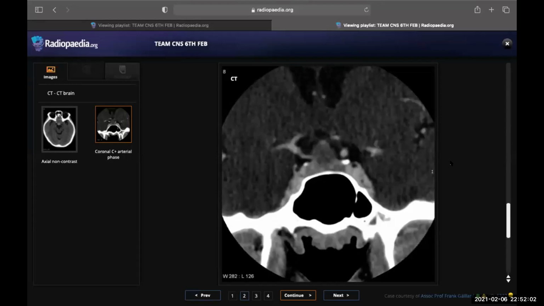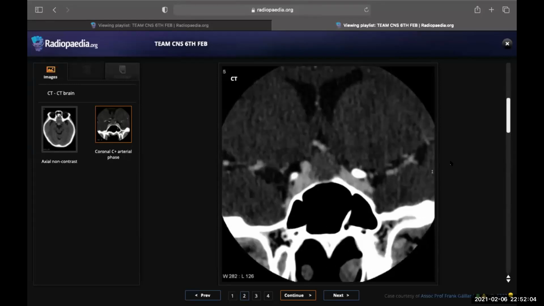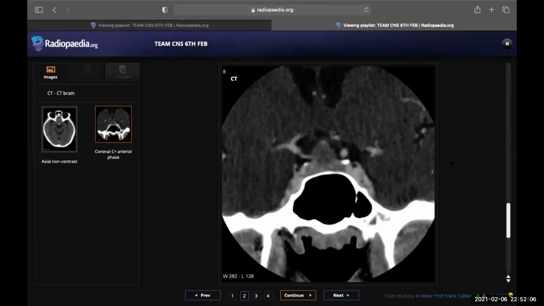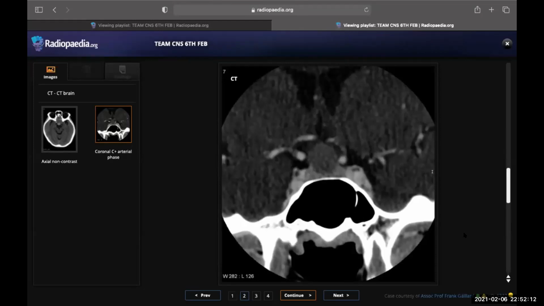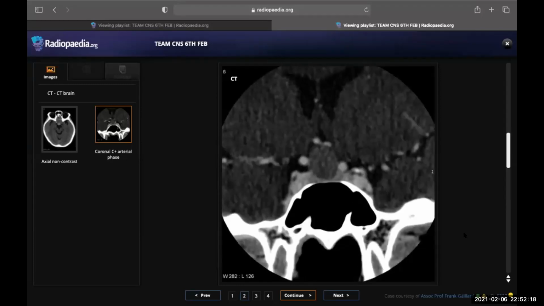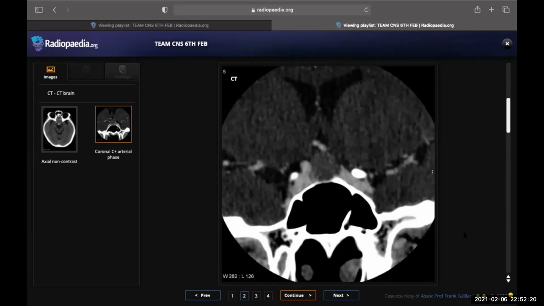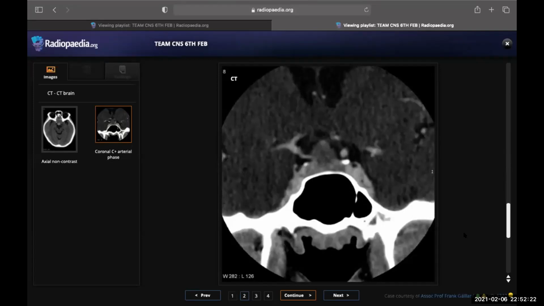Now I'm more thinking that it's a sellar lesion with a bulging roof. So I'm left with the macroadenoma, and craniopharyngioma, not typical, no cystic component, no calcifications.